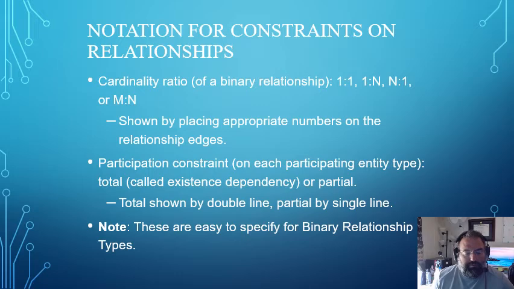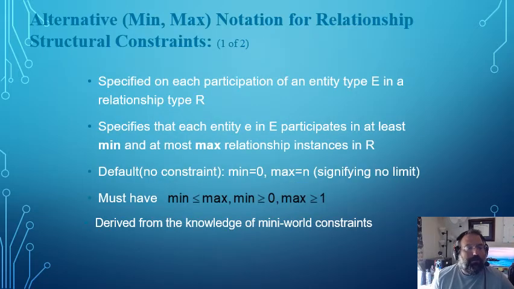Note these are easy to specify for binary relationship types. There's also alternative min-max notation for relationship structural constraints, specified on each participation of an entity type E in a relationship type R. It specifies that each entity e in E participates in at least min and at most max relationship instances in R. Default, no constraint, is min 0 max n with no upper limit.